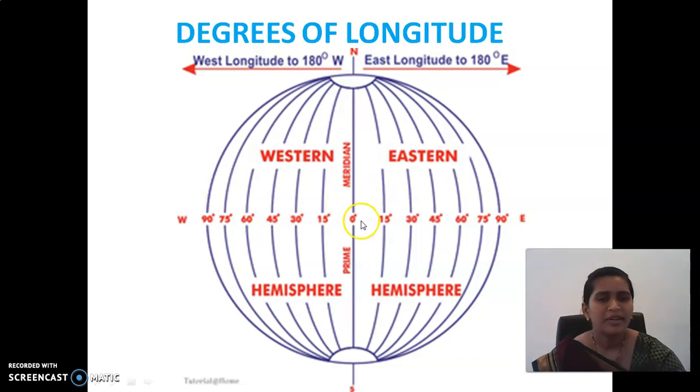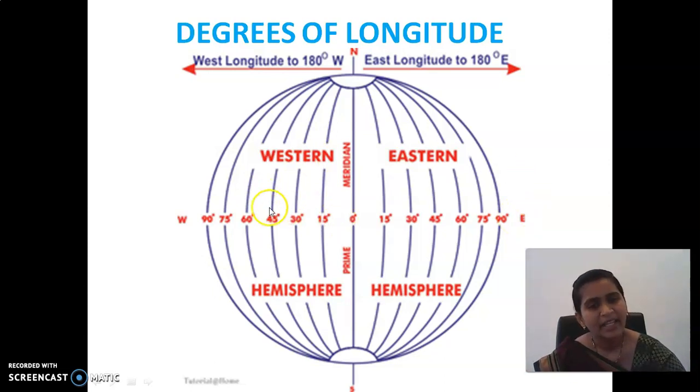Okay, from the eastern side, if we move, the degrees will start increasing, that is 0-degree, 15-degree east, 30-degree east, 45-degree east, the same way till 180 degrees.